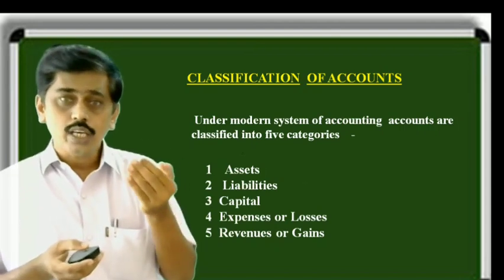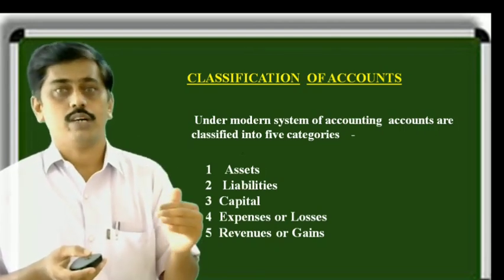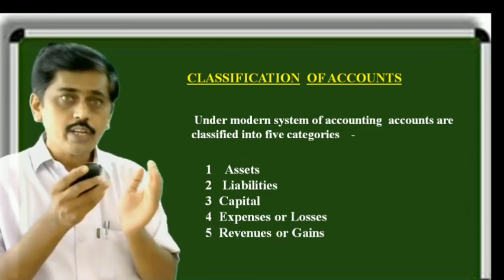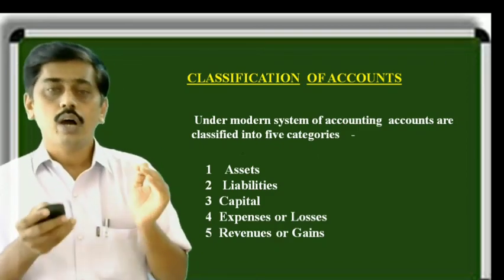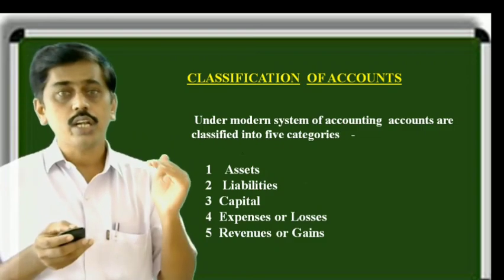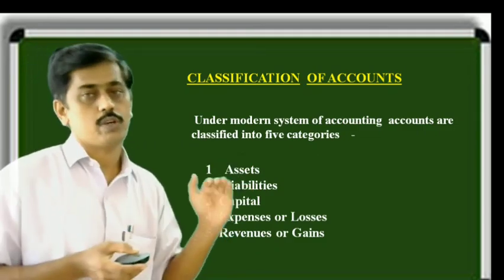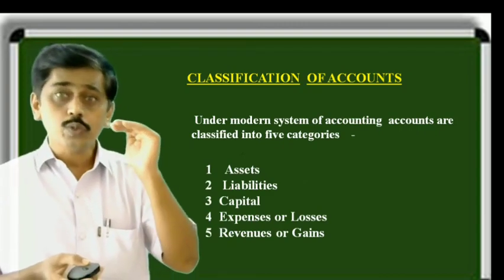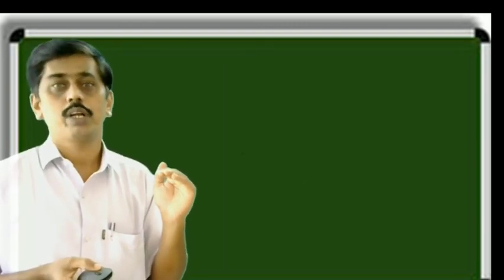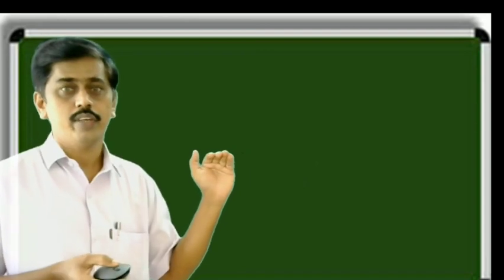Now, while recording the transactions in the books of account, after identifying the accounts, you have to apply the general rules and accordingly record it in the books of account. And what are those rules? The rules of debit and credit, popularly known as such.